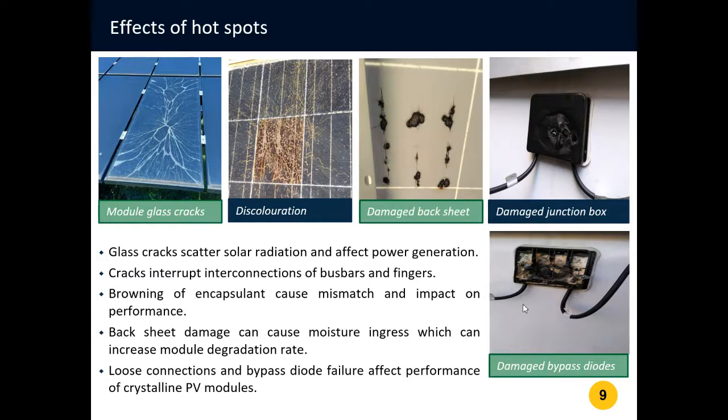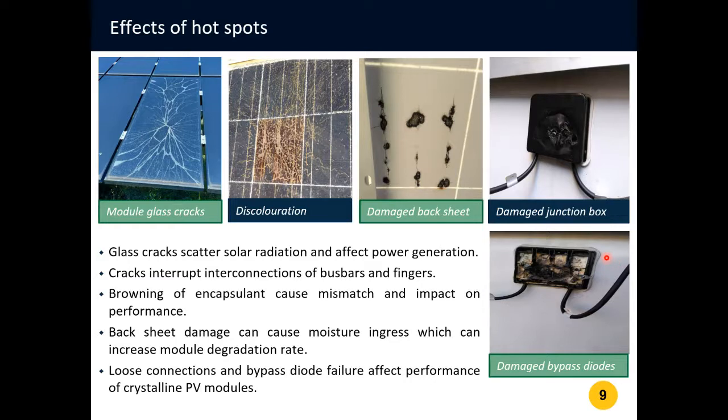A hot junction box can be caused by loose connections in the junction box and faulty bypass diodes, which can be a result of continual conduction of bypass diodes, and lightning can also cause the bypass diode to be damaged.